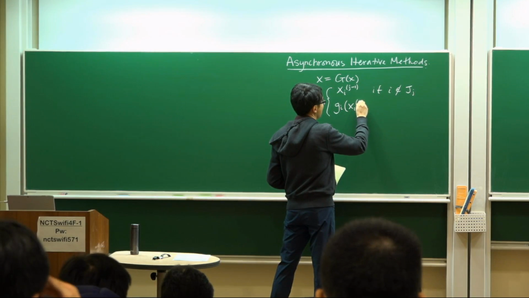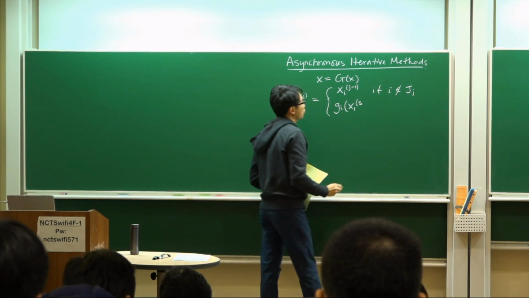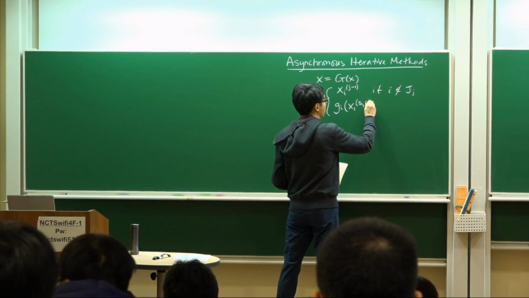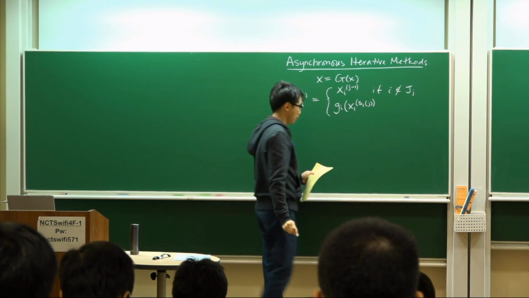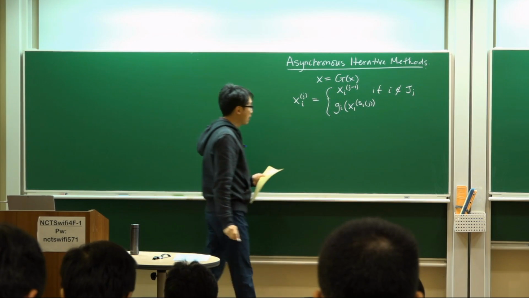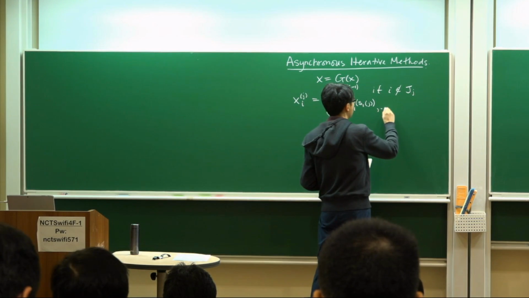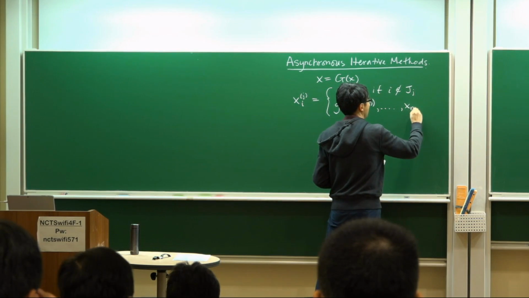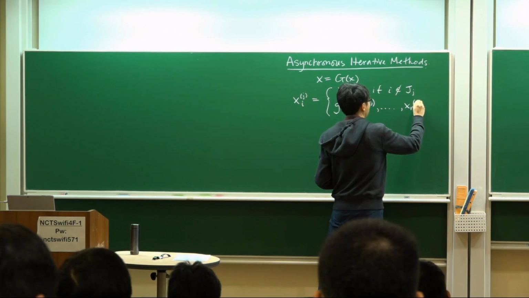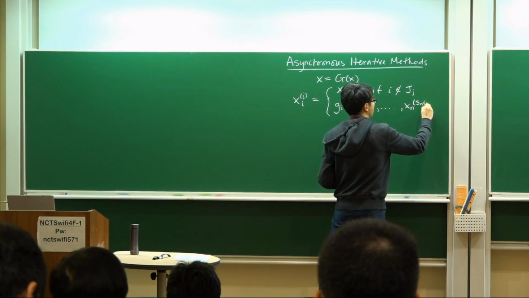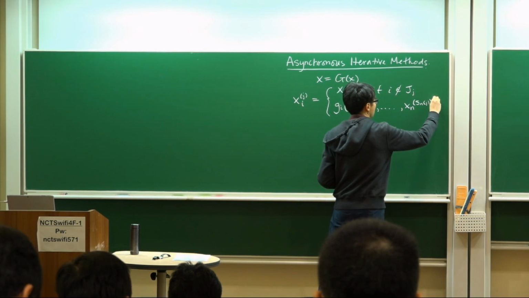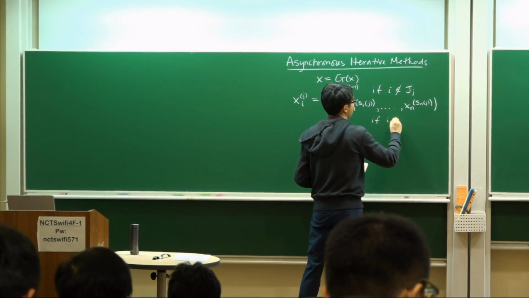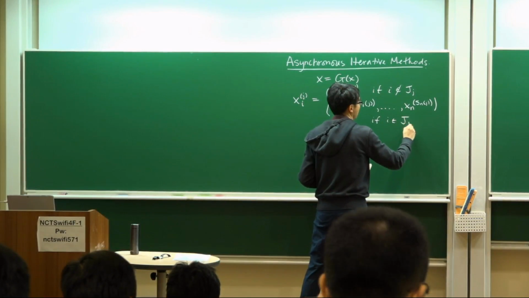We use this function s to denote that. So s_1 at time instant j. And this is the same for all of the n components. So I'll write the last one, x_n, evaluated at time instant s_n of j. And this is if i belongs to the set J of j.